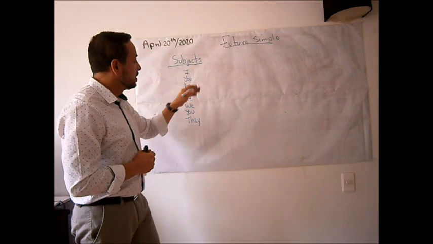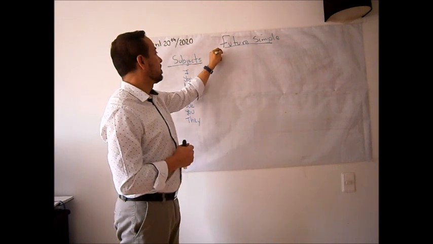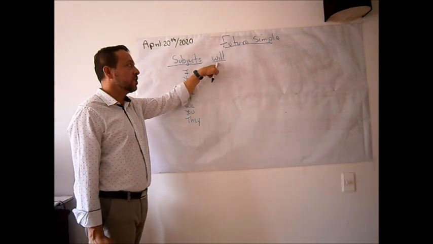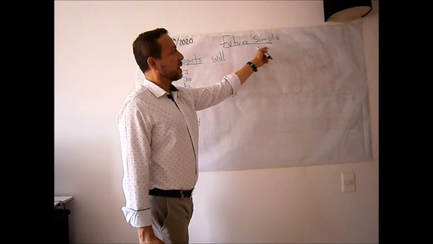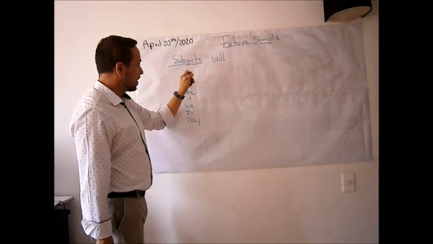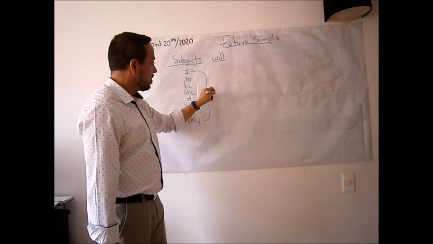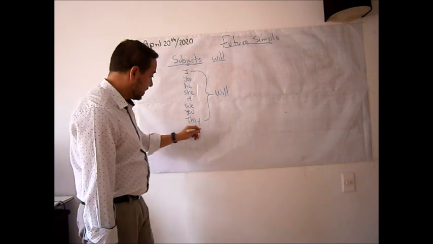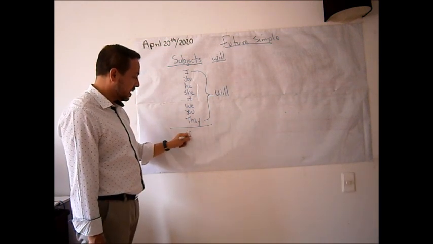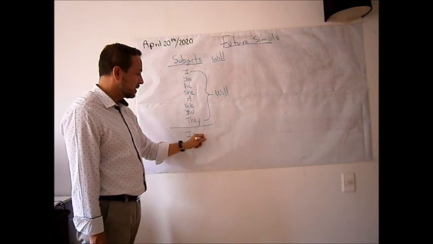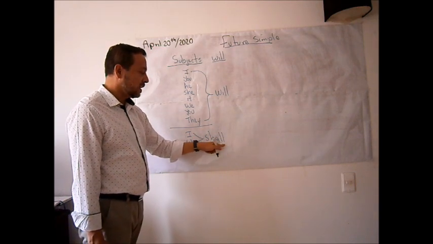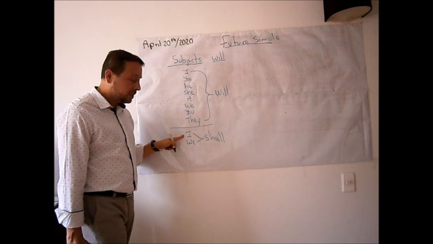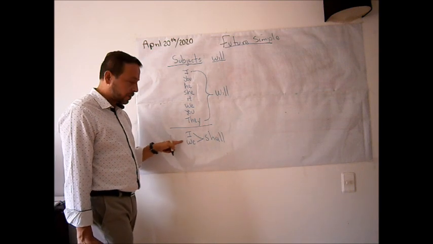Okay? Then we put the auxiliary verb will. Remember, will doesn't translate to anything in Spanish. It's necessary to put it when you want to express future simple, okay? But in British English, I and we use shall. Shall is the same as will. But in British English, it is used for these people, okay?